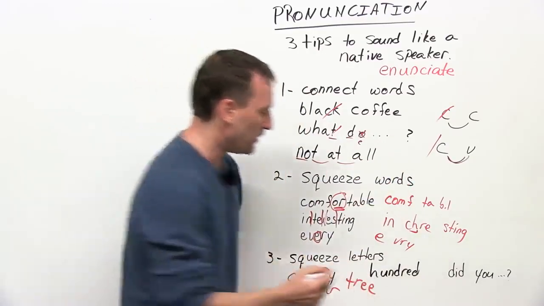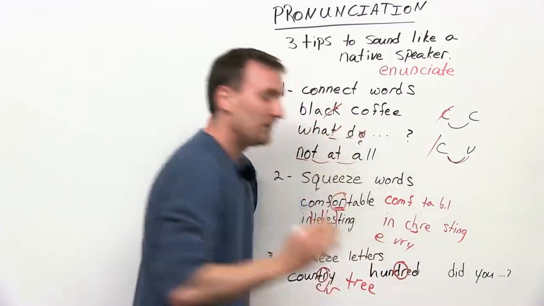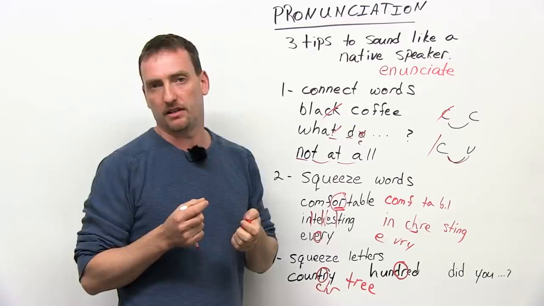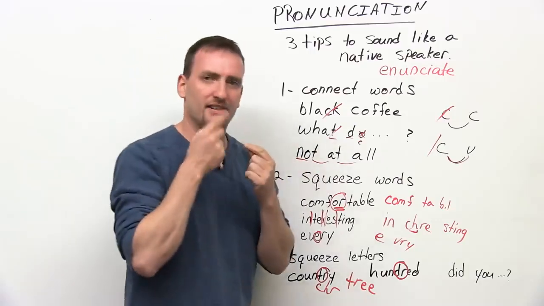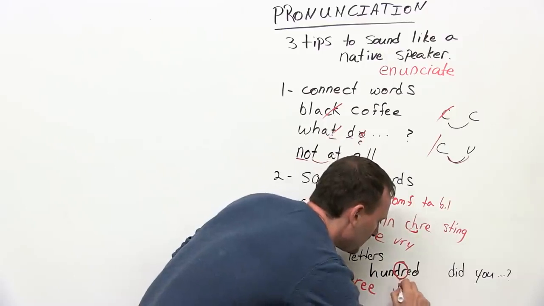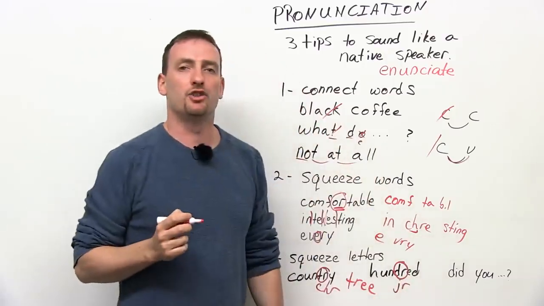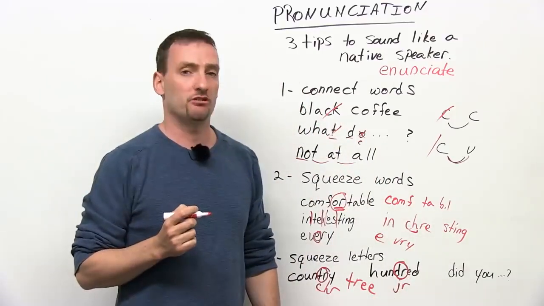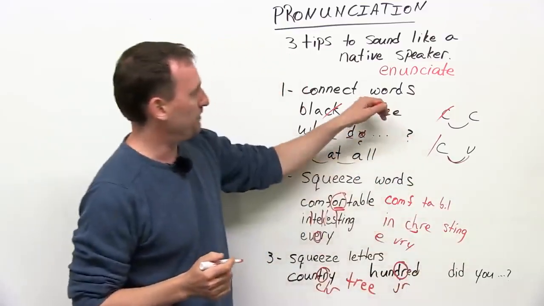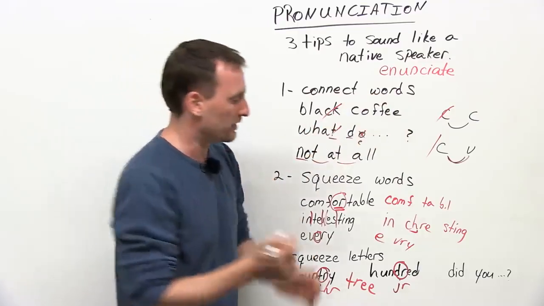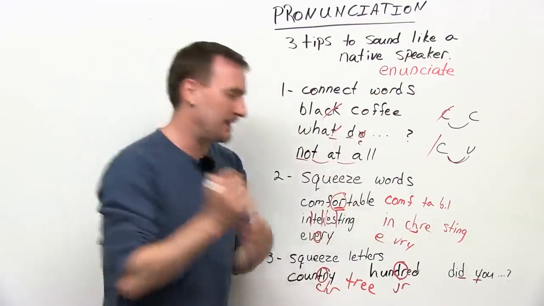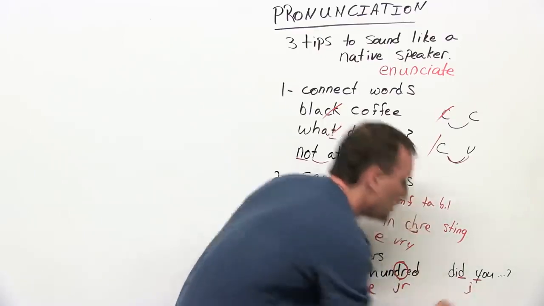Okay? Another one is DR. DR also doesn't really sound like DR. We don't say hundred. Okay? It's too difficult for the tongue to make the quick switch. So this sounds like JR. Hundred. Now, this goes with the first idea when you're connecting words, but when you have a D and a Y together, it becomes like a J sound.